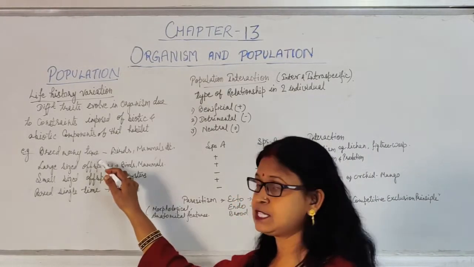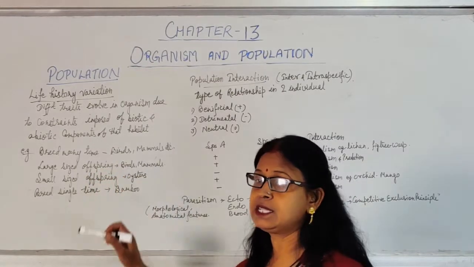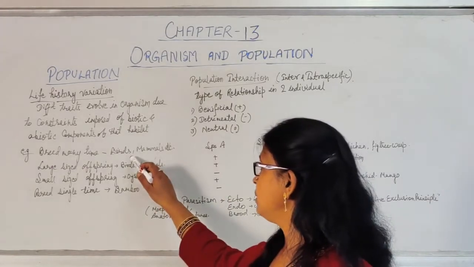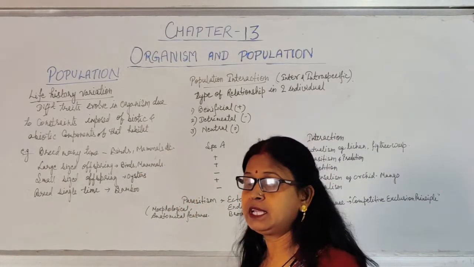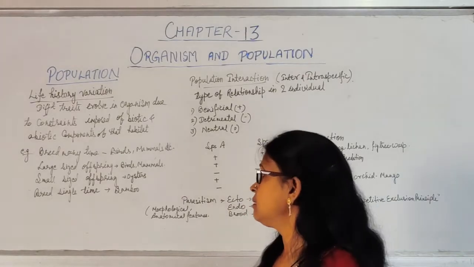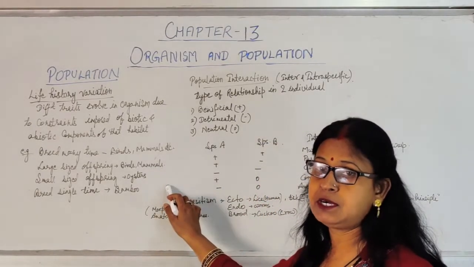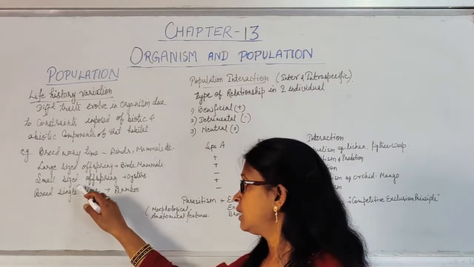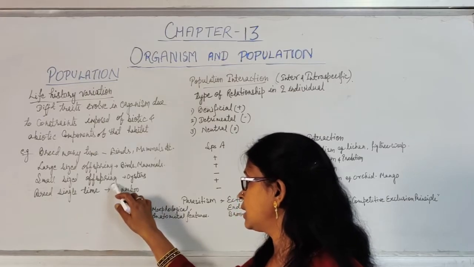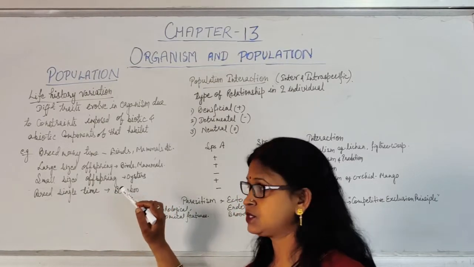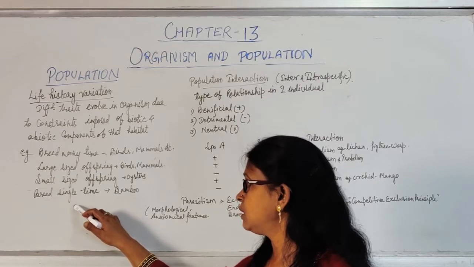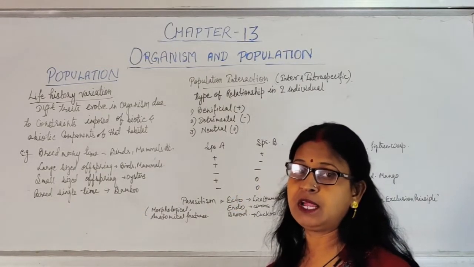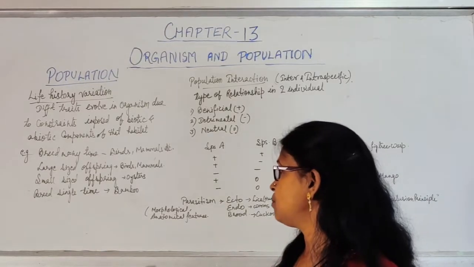For example, some populations breed many times in their life, like mammals, birds, etc., or they give rise to large-sized offspring, like again birds and mammals. Some populations give rise to small-sized offspring, for example oysters, while some breed only a single time in their whole lifetime, for example bamboo.